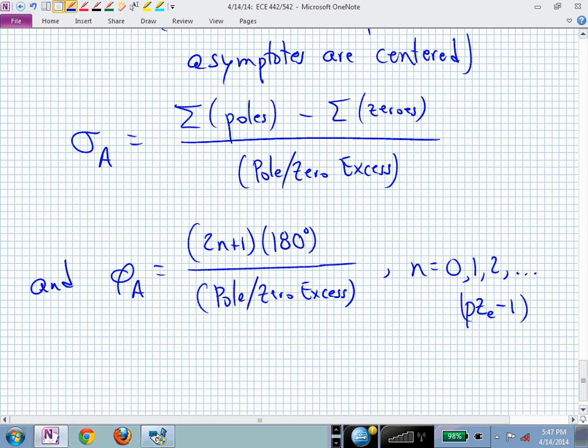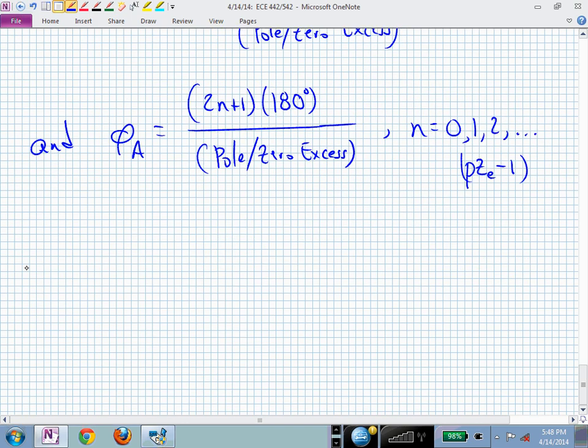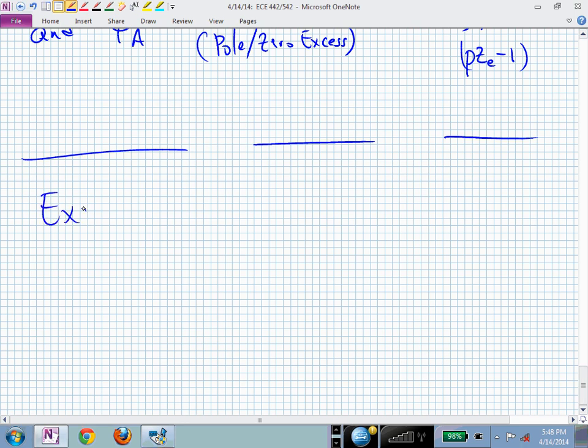So it's at 45, 135, 225, and 315, if you split the 360 into 4 little parts, each separated by 90 degrees. And the branches of your root locus are going to approach those asymptotes. All right, let's go through an example. That was sort of the background behind this.